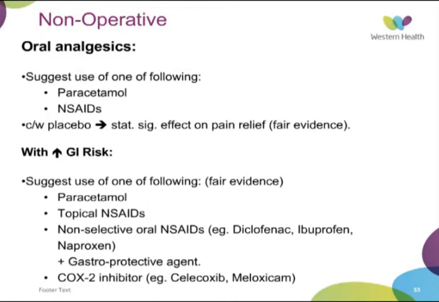Oral analgesics are looking at paracetamol and non-steroidal anti-inflammatories. There was fair evidence suggesting that it does make a difference. Patients with increased GI risks had the option to use topical NSAIDs or NSAIDs with a gastroprotective agent or COX-2 inhibitors.